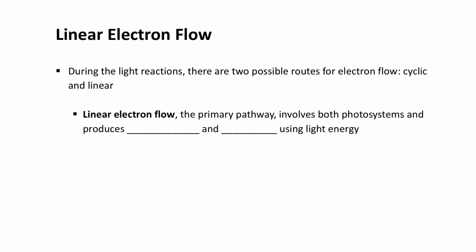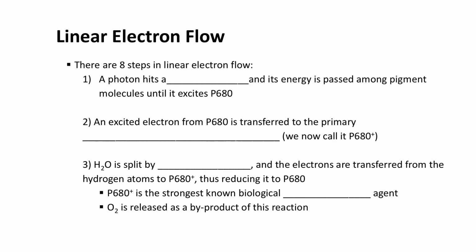During the light reactions, there are two possible routes for electron flow, cyclic and linear. Linear electron flow is the primary pathway. It involves both photosystems and produces ATP and NADPH using light energy. There are 8 steps in linear electron flow.